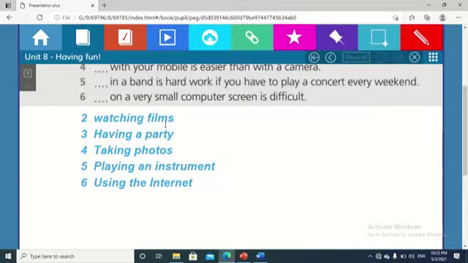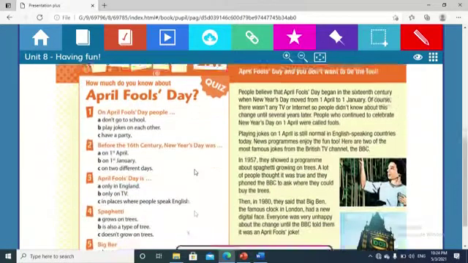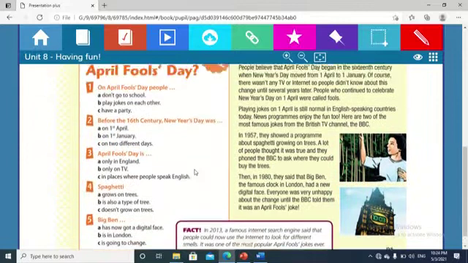Watching films. Of course, if it's "he is watching films", in this way it is a verb. He is watching. Watching is a verb. But watching at the beginning of the sentence is used as a noun. Okay, so this is the way we change the verbs into nouns, into gerunds.